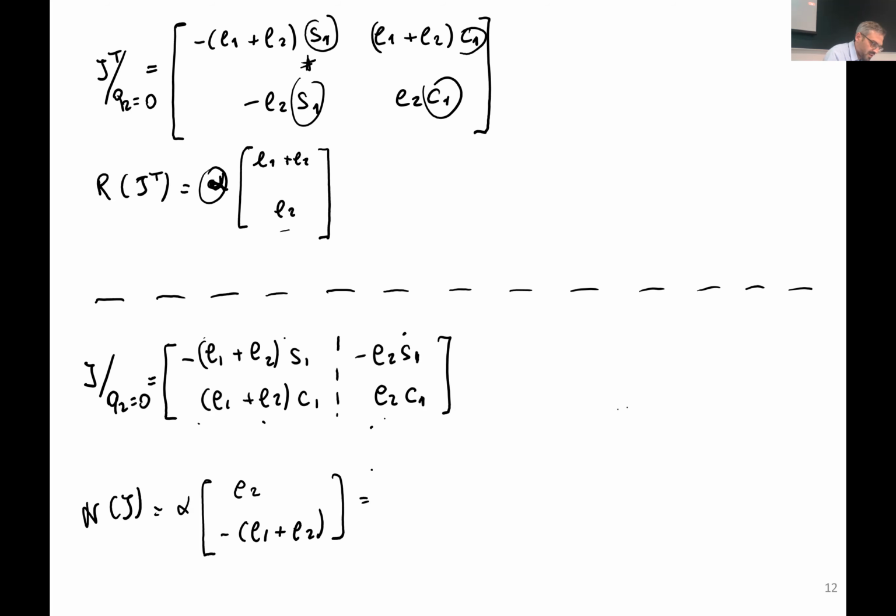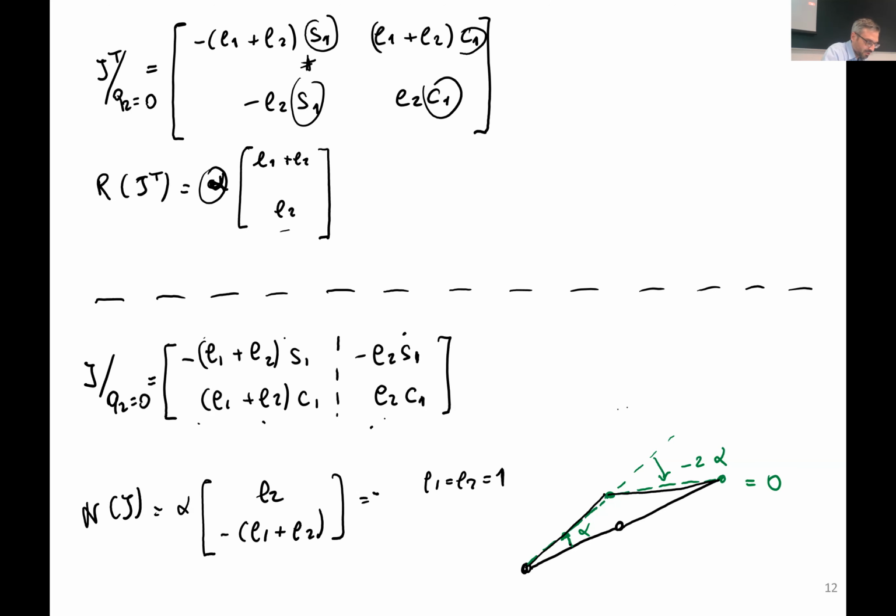And this is an interesting situation because you can think about L1 equal to L2 equal to 1.